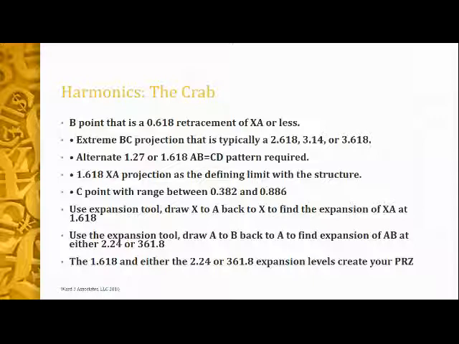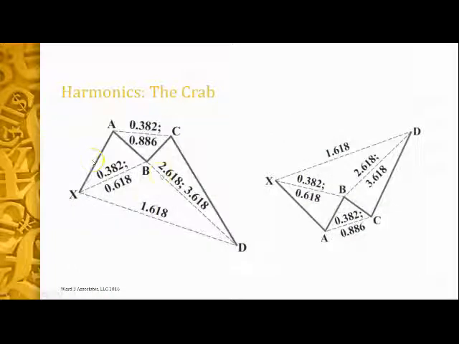So if the 1.618 from the XA leg and the ratios from the AB expansions are aligned with each other, that's going to be a nice price rejection zone. So if one of these ratios aligns with this ratio at D, that's going to be your price rejection zone for your entry.